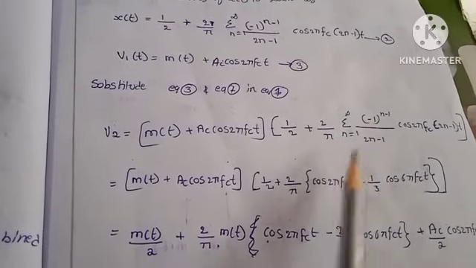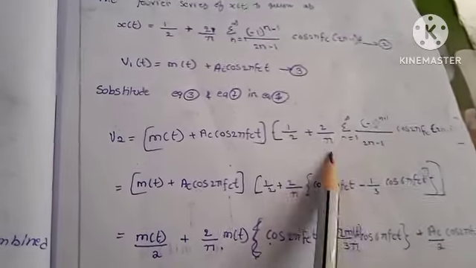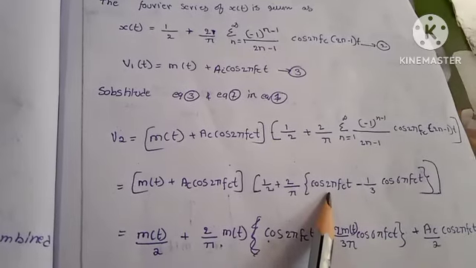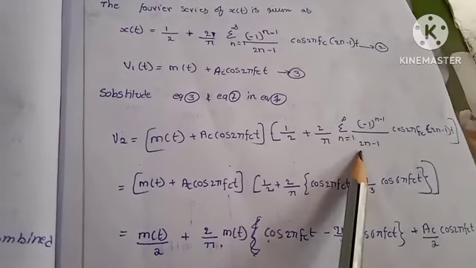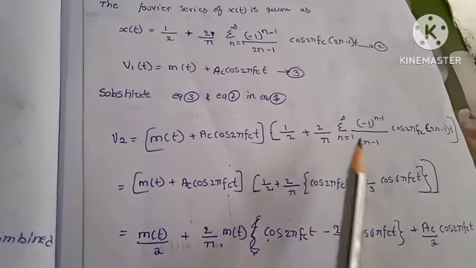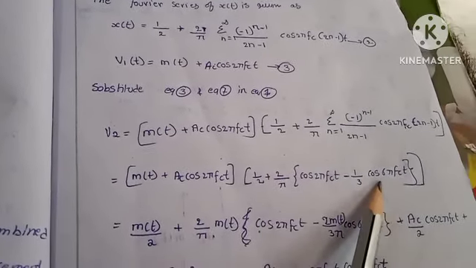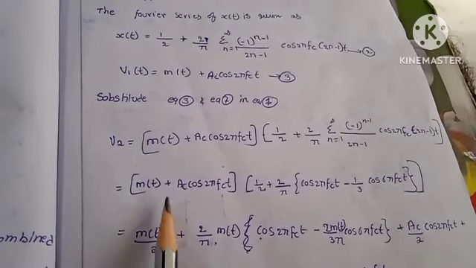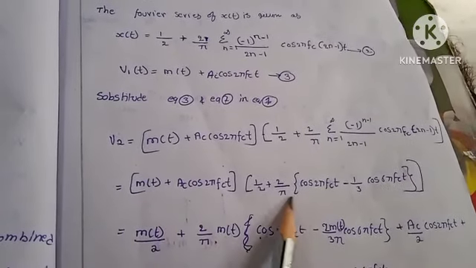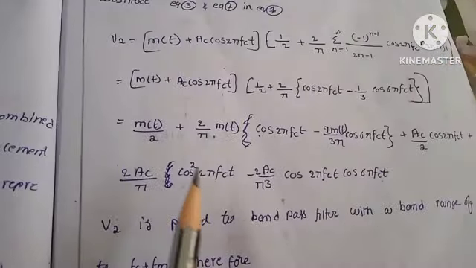Let us consider only two components in this form: if n equals 1, it becomes cos 2 pi fc t; if n equals 2, it becomes minus 1 by 3 cos 6 pi fc t. Multiplying these terms inside, we get this expression.